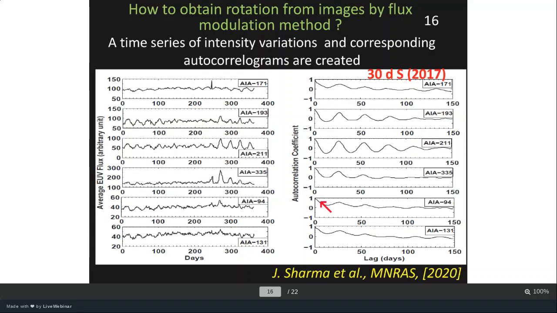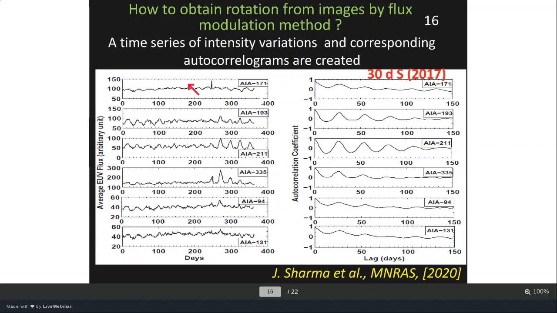The left panel shows the extracted flux from the strips of the solar full disk. Along the x-axis, there are a total of 365 days. Along the y-axis, the averaged EUV flux. This is the extracted EUV flux from the strips, and all the flux diagrams belong to 2017. So this is the variation in the intensity.